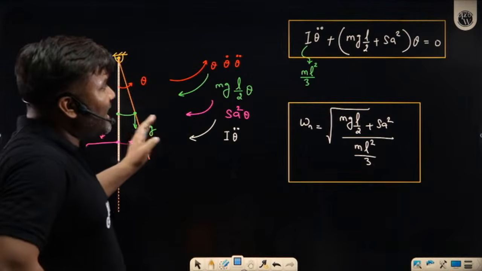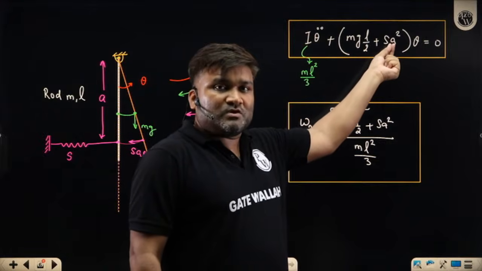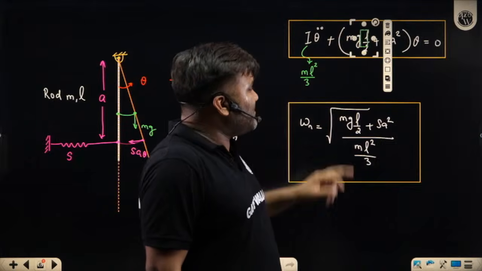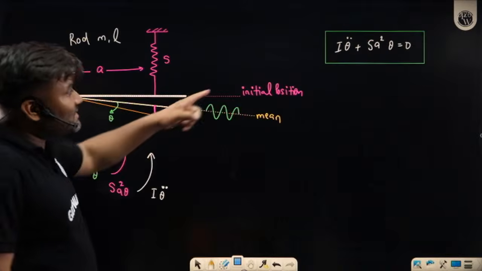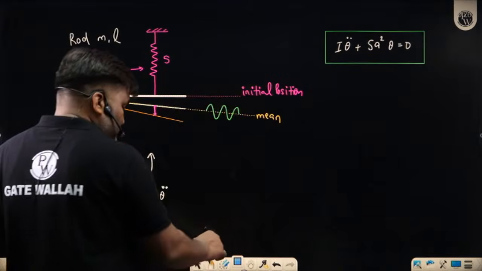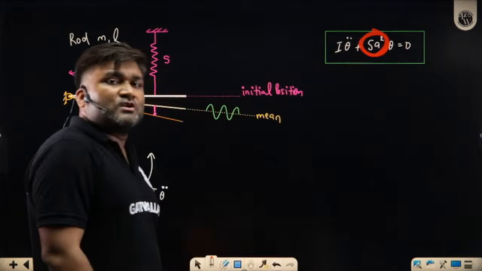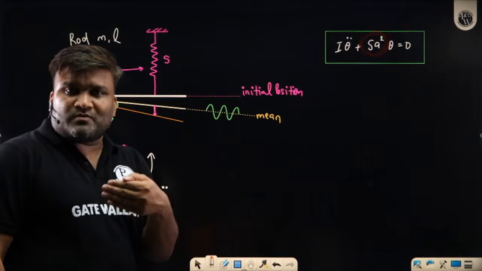In the vertical case I had I theta double dot plus s a square, the stiffness term, which is still coming. Another additional term was there, this mgl by 2. Weight was also participating in the restoration. In this case, weight is not coming into the picture. Here only this spring is going to give you the restoring force or restoring torque.